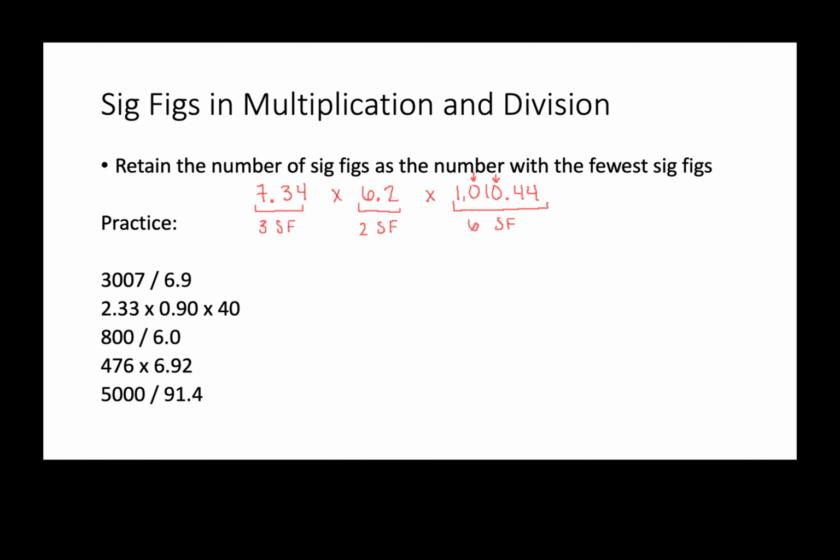So I'm fine with you using a calculator in this class, so you can either multiply this out by hand or with a calculator. And when you solve this problem, you should get the following number: 45983.10352.